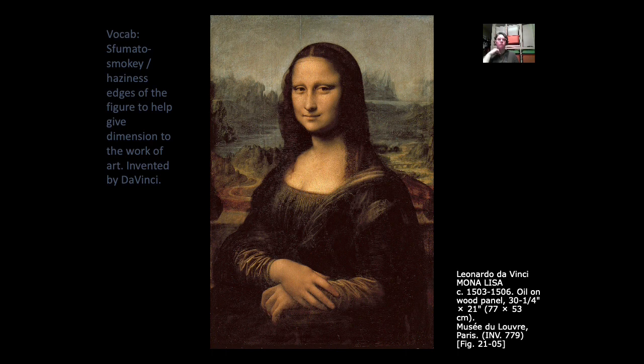Da Vinci creates a new technique called sfumato. S-F-U-M-A-T-O. It's an Italian word that means smoky. You can see the sense of smoky and haziness on her face in the jawline and at the edges of the eyes.